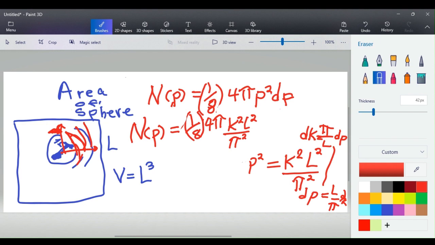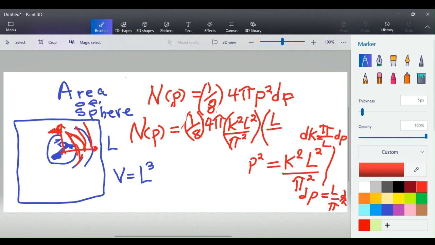And we want, instead of a dp, we want a dk. And that is, the dp was equal to L over pi times dk. I'll put parentheses around that just to kind of show you where things came from. This is the p squared. And the dp looks like this. In place of the dp, we're putting an L over pi dk.